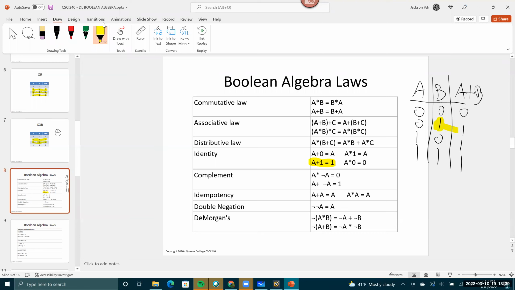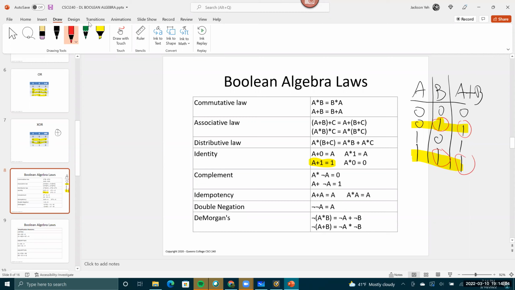So these are the two rows where, I mean, B is 1, right? So notice that whenever B is set to 1, the result is always 1. It doesn't matter what A is.